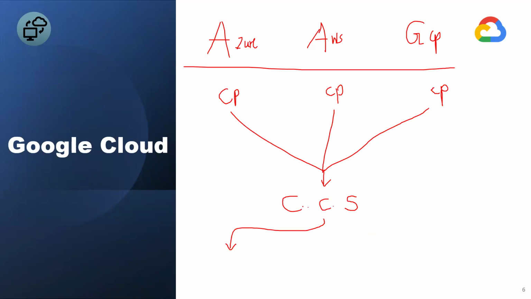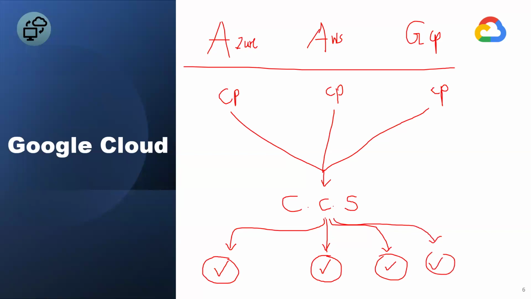Organizations use these services for application development, application deployment, application scaling, data processing, and machine learning models. For plenty of activities, they are going to be using these cloud computing services.